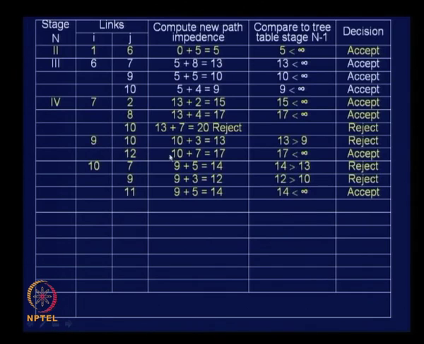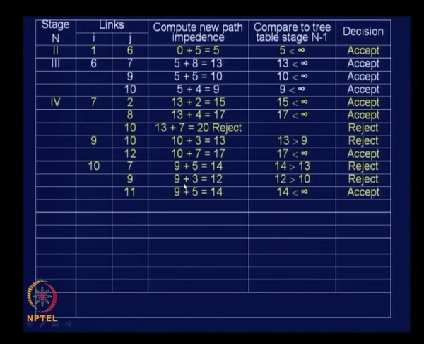And 9 to 12 is 7 minutes, 10 plus 7, 17 is the cumulative travel time, and to reach 12, 17 as of now is the shortest time, less than infinity, so we accept it. And then 10 to 7, 9 plus 5, 14, 14 is greater than 13, we are able to reach node 7 within 13 minutes, so we are rejecting this path.